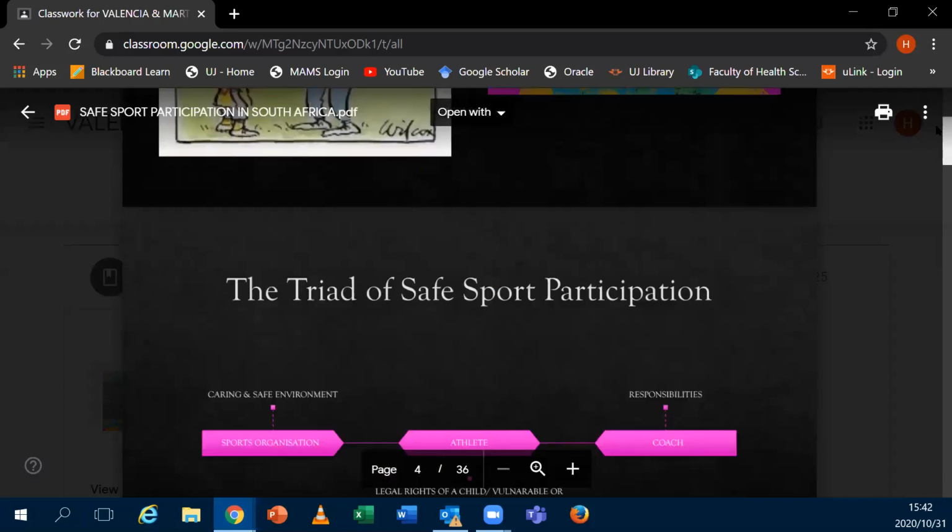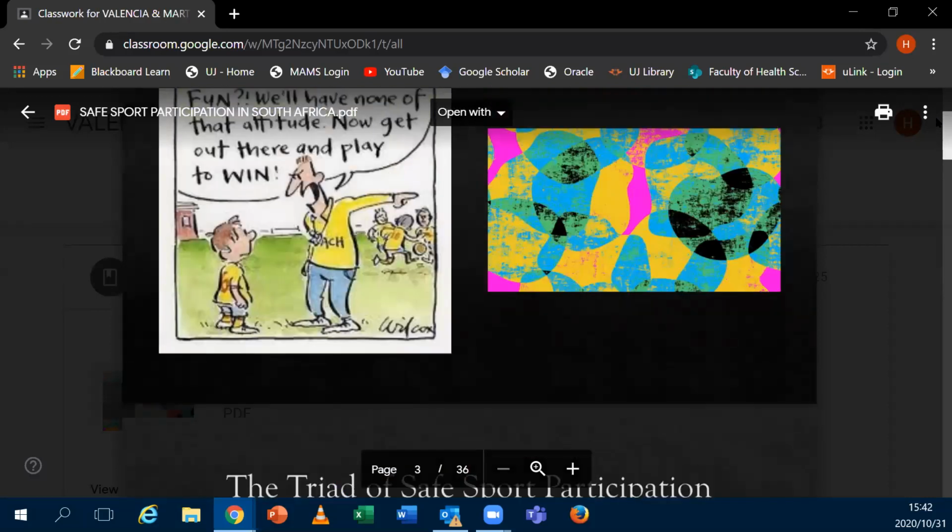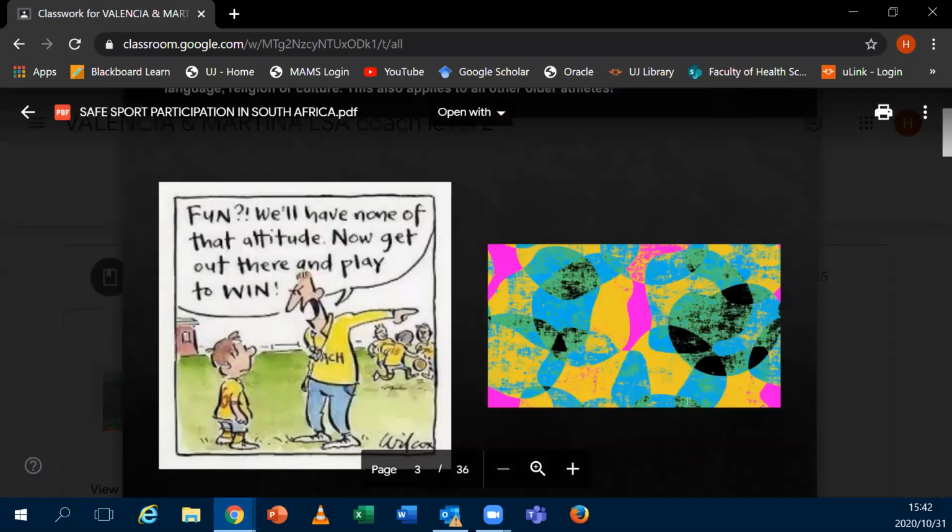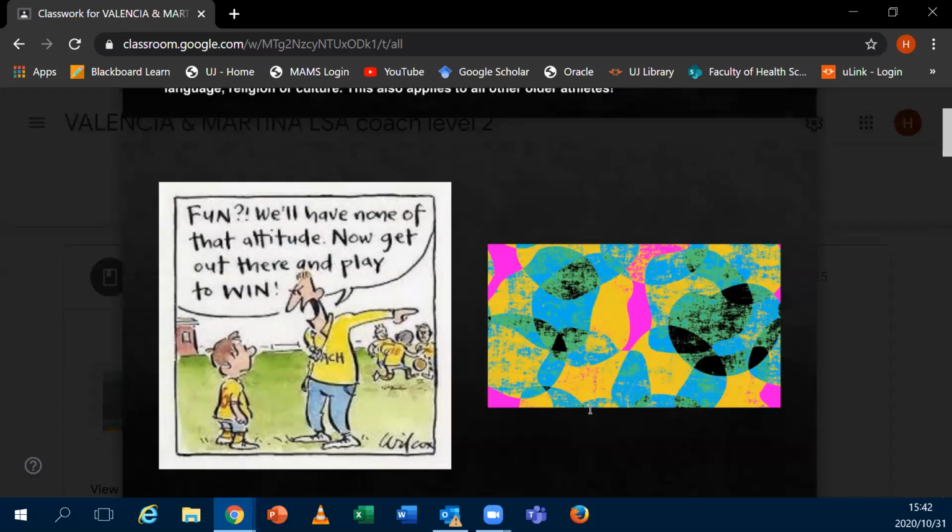So here we see a typical coach. Well, hopefully it's not a typical coach, sorry. Fun, we will have none of that attitude, get out there, play and win. All of you know of a coach that has this kind of attitude and understand what the effects are on kids when coaches are always screaming and shouting at them. Some kids really adapt well to it.